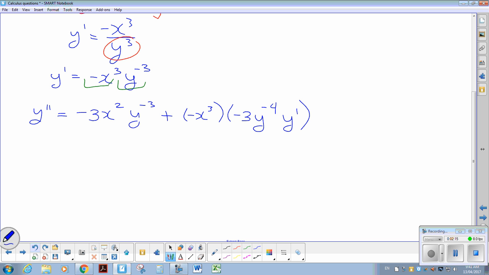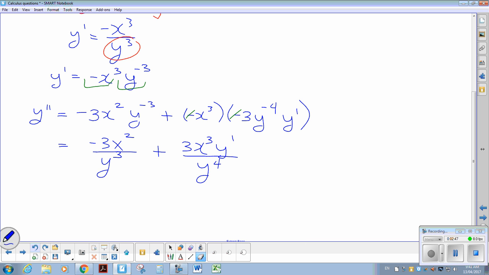Okay, so here's where we need to do a little bit of substitution to clean things up. So the first one is straightforward. It's going to be negative 3x squared on top over y cubed. All right. Now I have two negative signs here that will cancel each other out. I have a 3 and an x cubed and a y prime that's going to stay on top. So it's going to be 3x cubed y prime over y to the 4th.